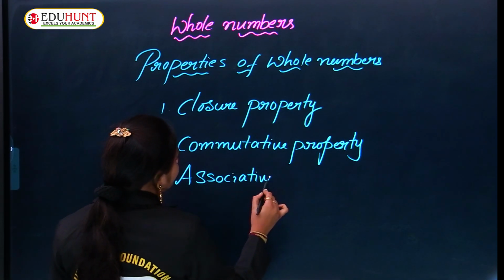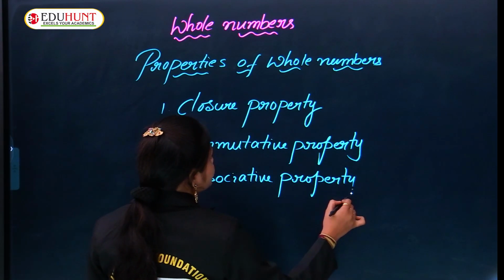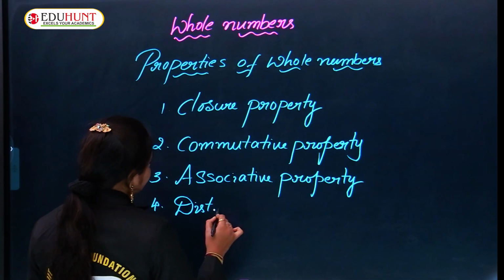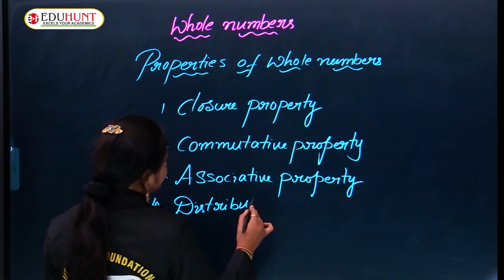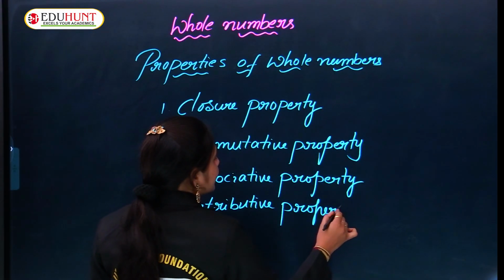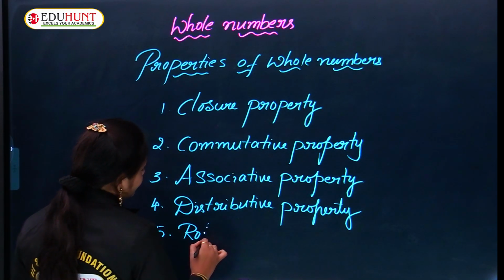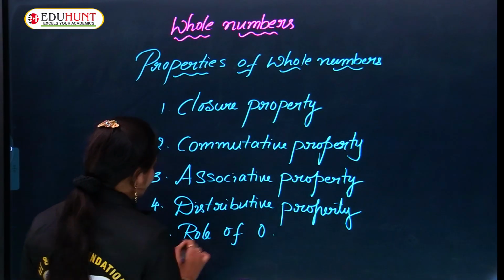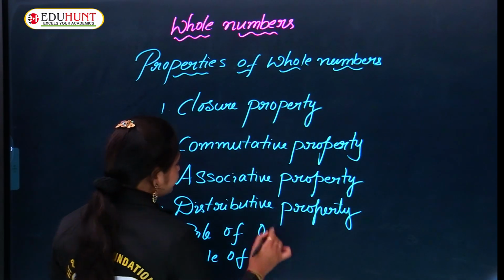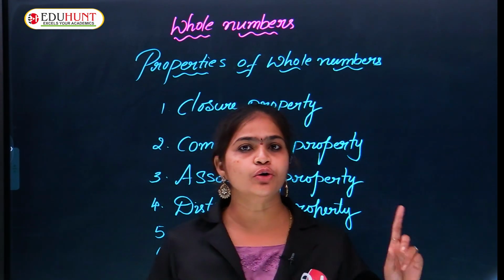The next one is distributive property. Next we have the role of 0, and the next one is the role of 1. These are all the properties related to whole numbers.